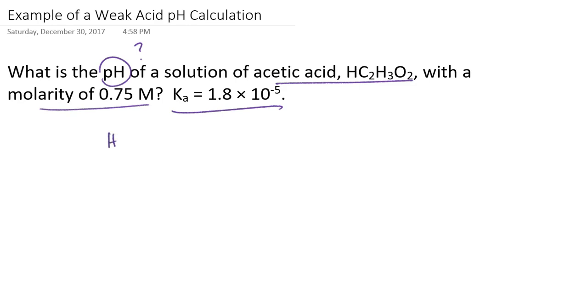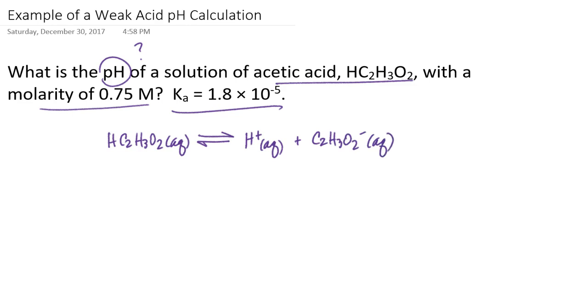So that would be HC2H3O2, my acetic acid, again in aqueous solution, and it's going to dissociate partially to give me an aqueous solution of hydrogen ions as well as an aqueous solution of acetate ions.